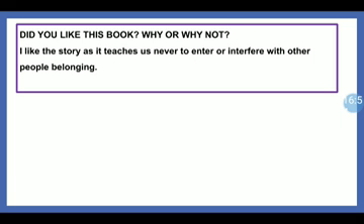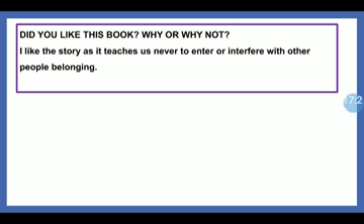The next thing I'm going to be asking of you in your book report is, did you like this book? In this case, you'll have to state. If you liked it, you have to tell me why you liked it. If you didn't like it, then you'll have to tell me why you didn't like it. Alright?